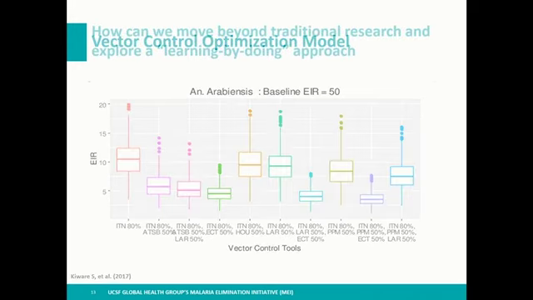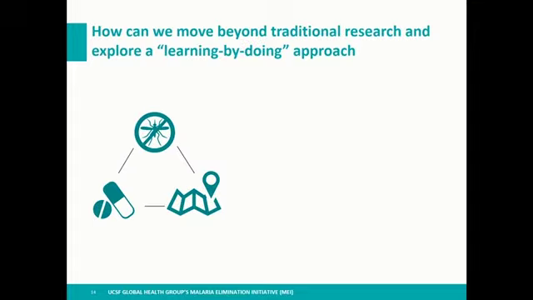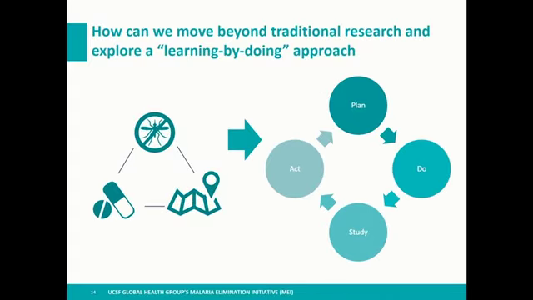So potentially one way to move forward is through a learning by doing approach, where first of all, not just looking at vector control approach, but also drug-based strategies integrated into a surveillance system, where there is ongoing evidence being generated.